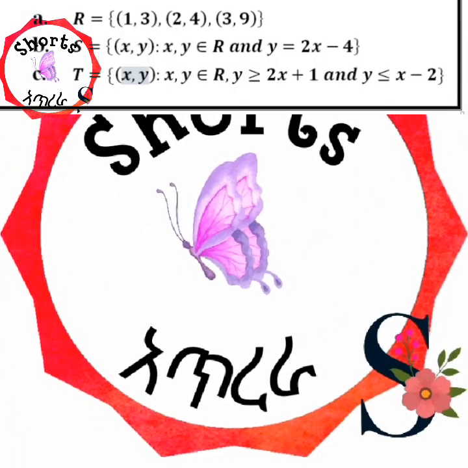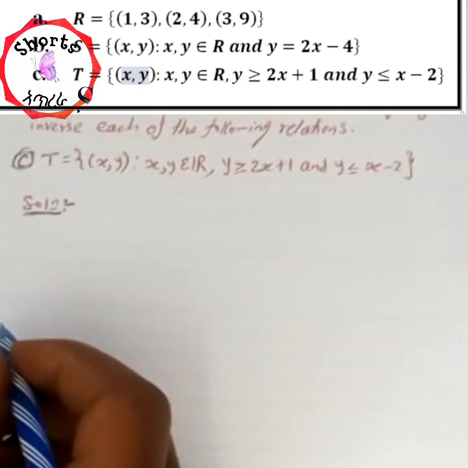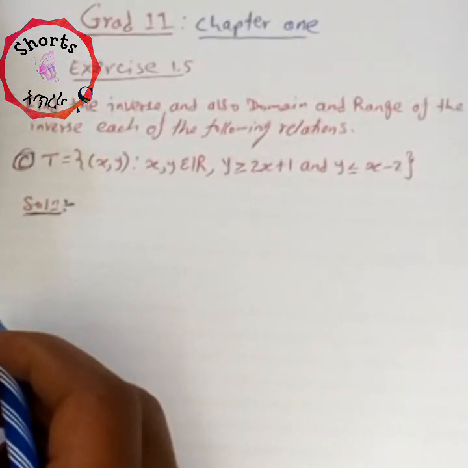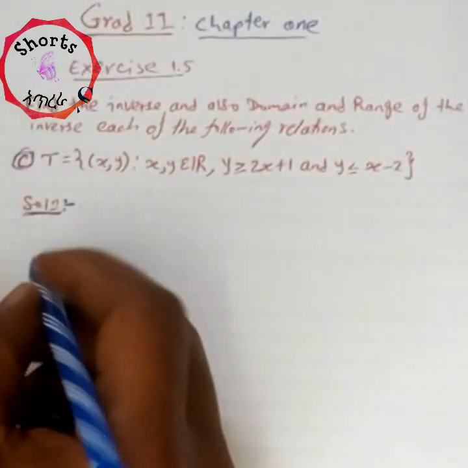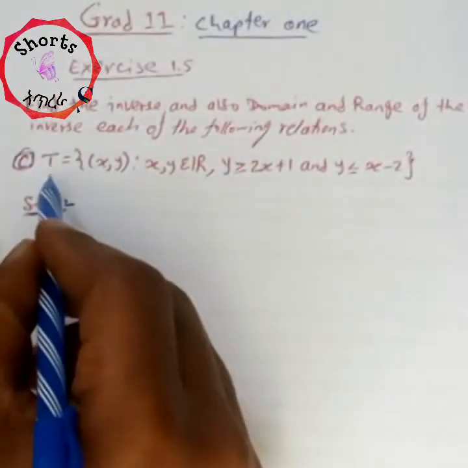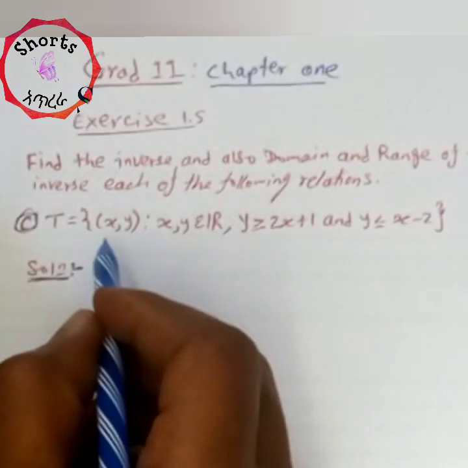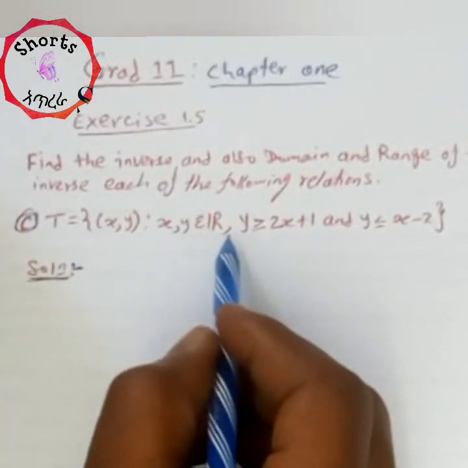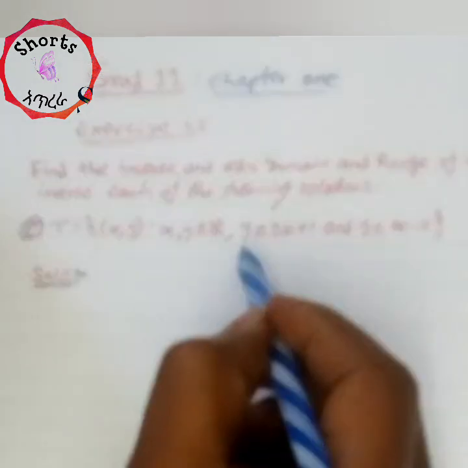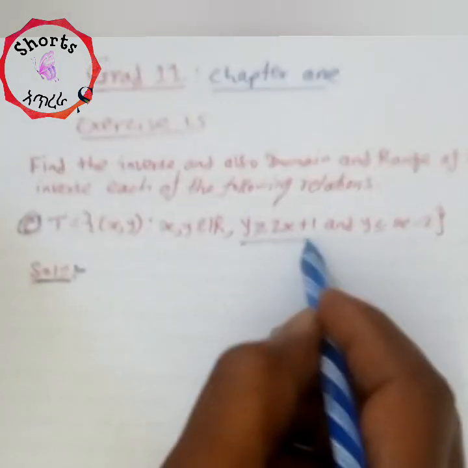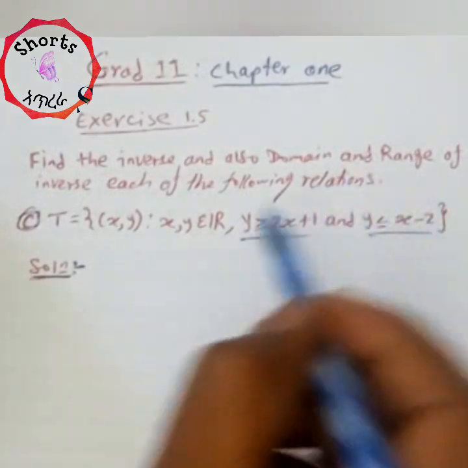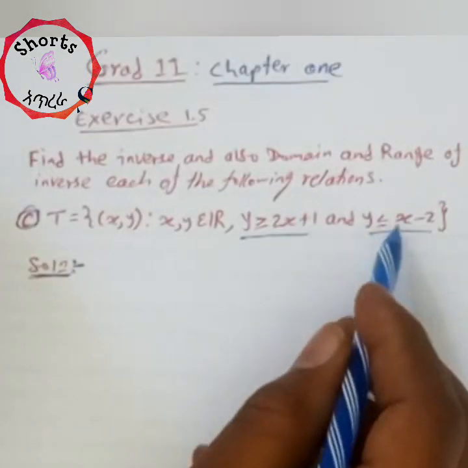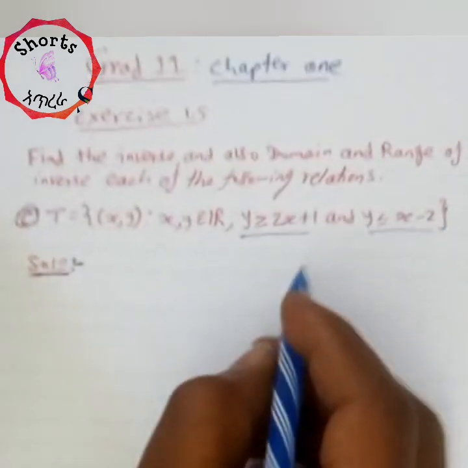Next, we will see the solution for question four for the relation which is given in part C. The given relation is relation T, which is defined as (x, y) such that x and y are elements of real numbers, where the relation of x and y is given by these two inequalities: y is greater than or equal to 2x plus 1 and y is less than or equal to x minus 2.